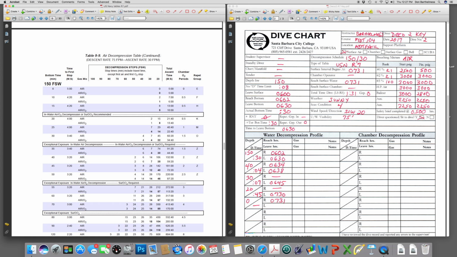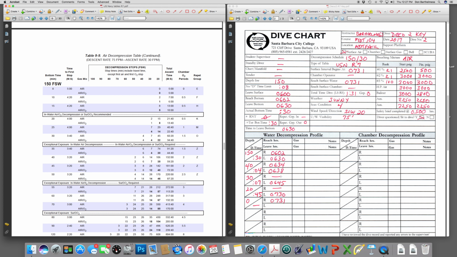So this is an important number. 220 seconds is equal to 3 minutes and 40 seconds. So we're going to round that up to 4 minutes and start our decompression time from there. If we reach there at 6:34, add 4 minutes to it, we will leave at 6:38.